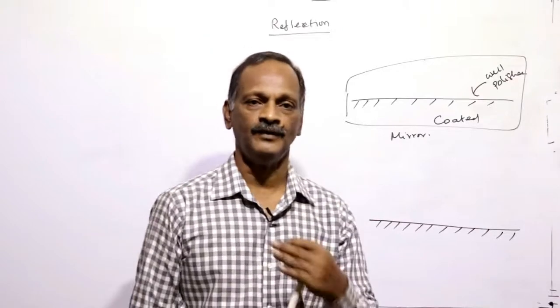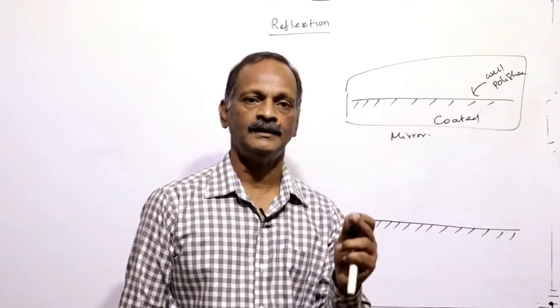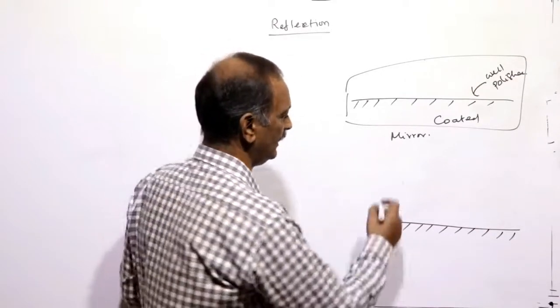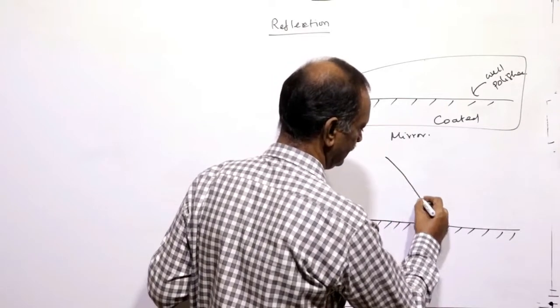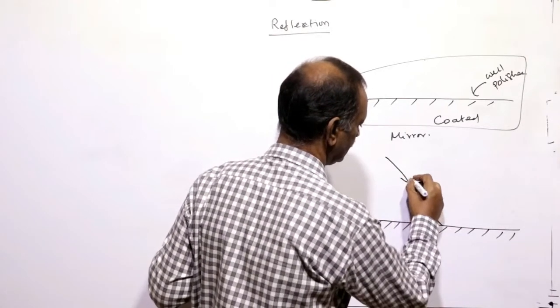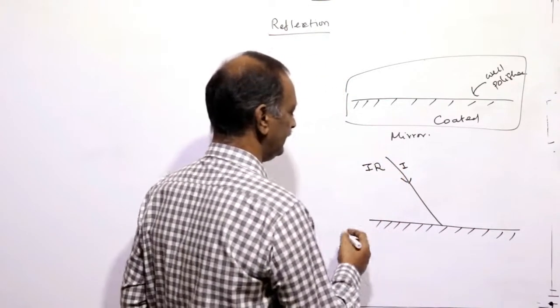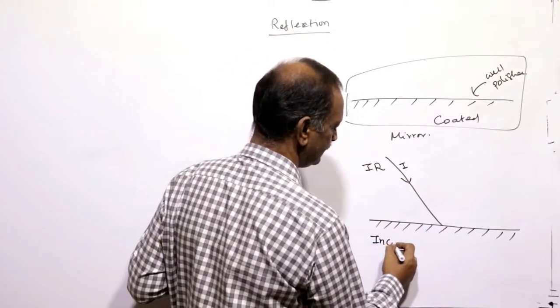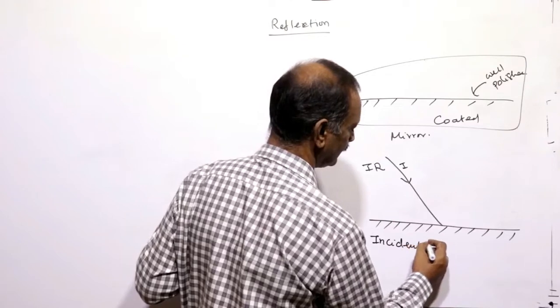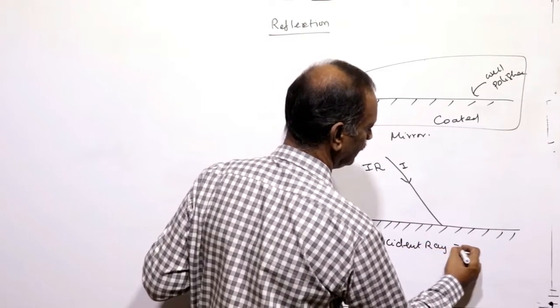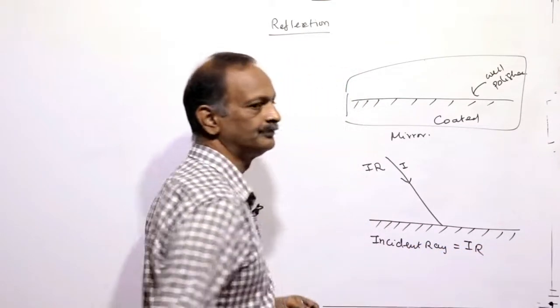The polished side will reflect the incident light on it. So a light is incident on this like this. This we can say I. This is called the incident ray, in short IR.